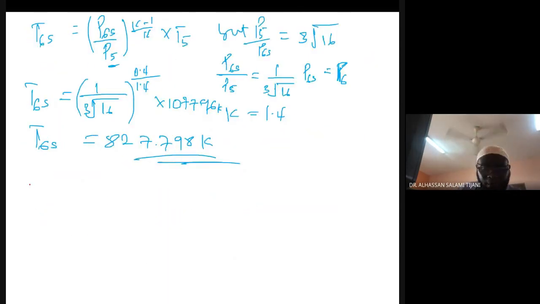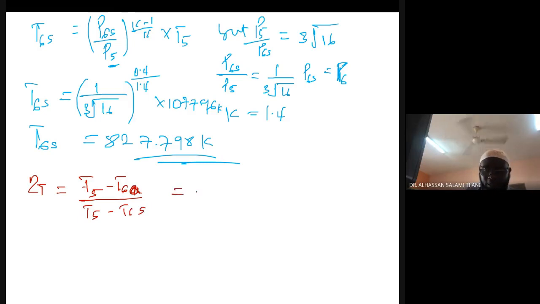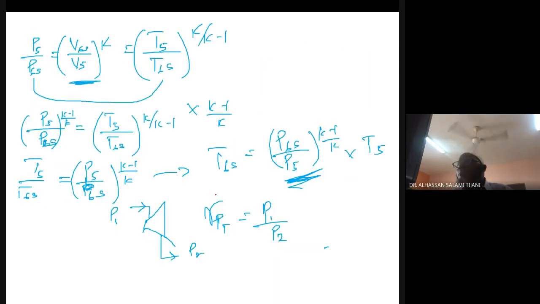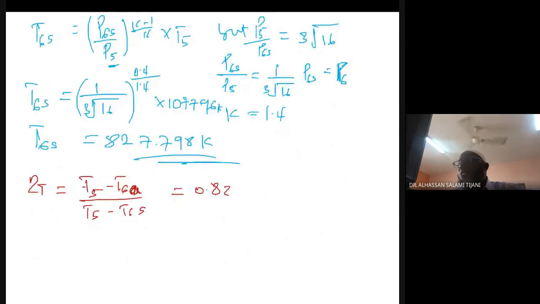So from the isentropic efficiency of the turbine, T5 minus T6A divided by T5 minus T6S equals 0.9. Oh sorry, I said 0.82 at first, but that's 0.9.